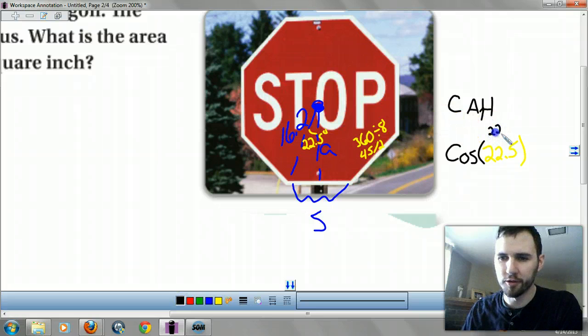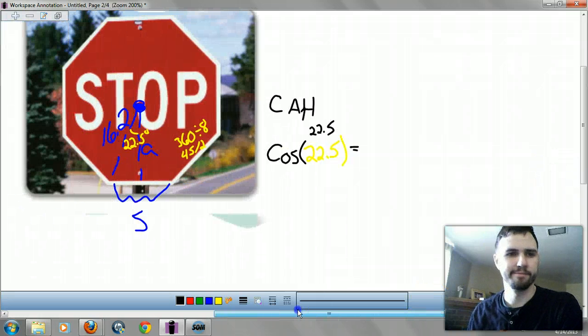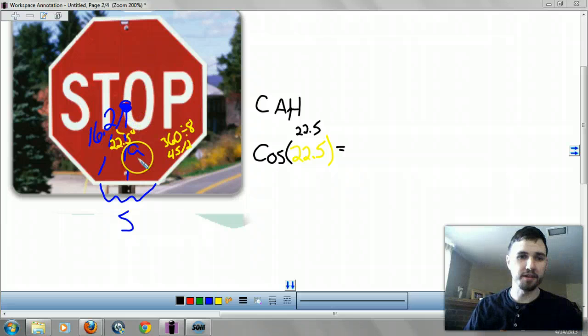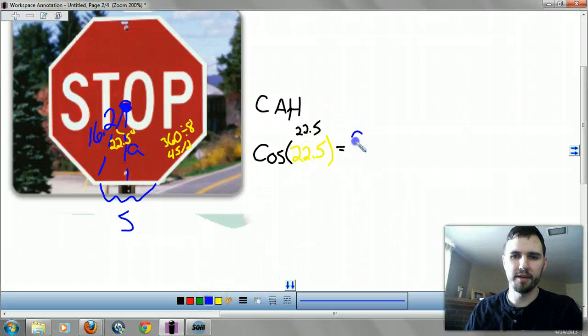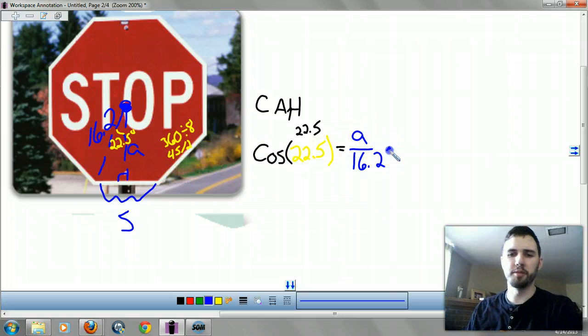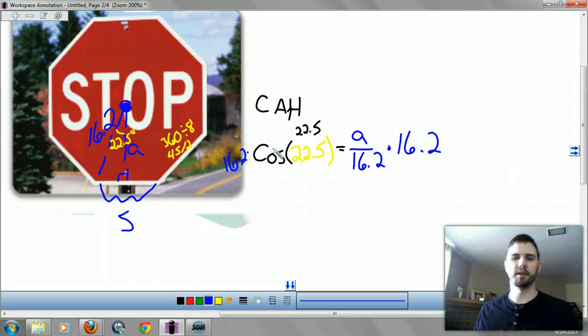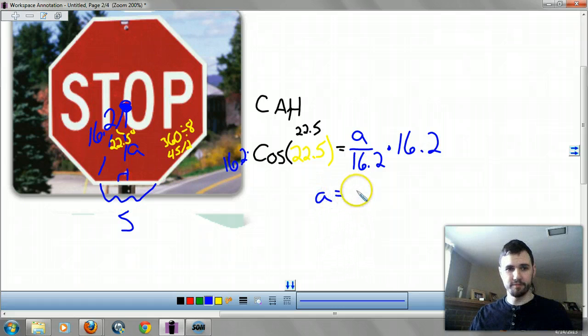Cosine of 22.5 equals my adjacent, which is my A, over my hypotenuse, which is 16.2. That's my longest side, right? Now for this one, we multiply both sides by 16.2. I plug in my calculator. And my apothem is about 15. Okay?